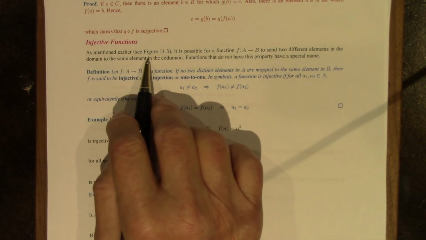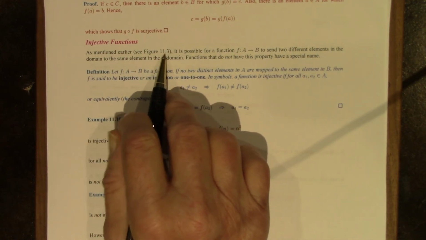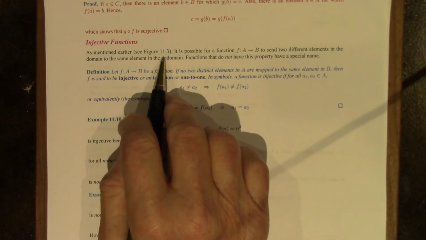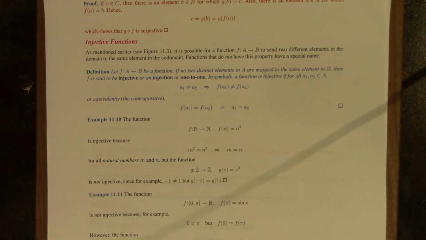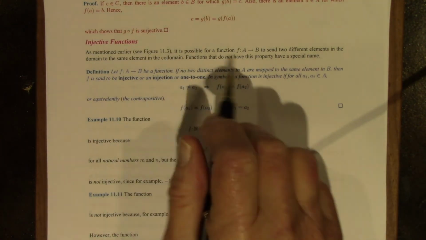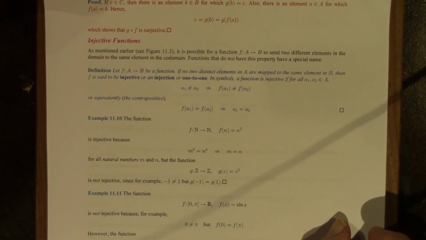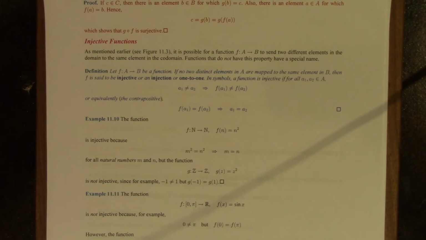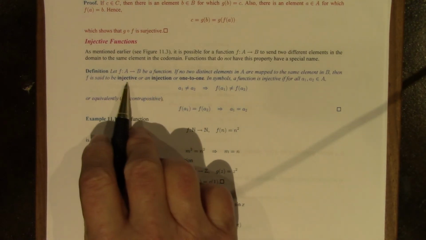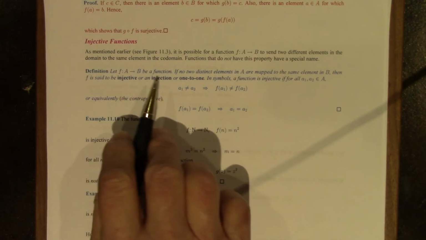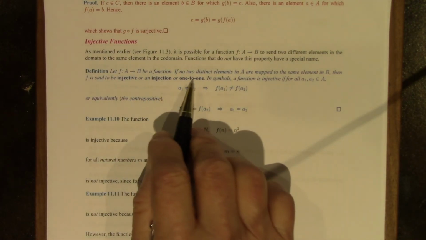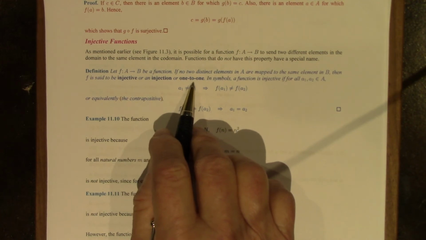We mentioned earlier, and there's a figure 11.3 you can look up, it's possible for a function f from A to B to send two different elements in the domain A to the same element in the codomain B. Functions that don't do that are called injective functions, or injections, or one-to-one functions.